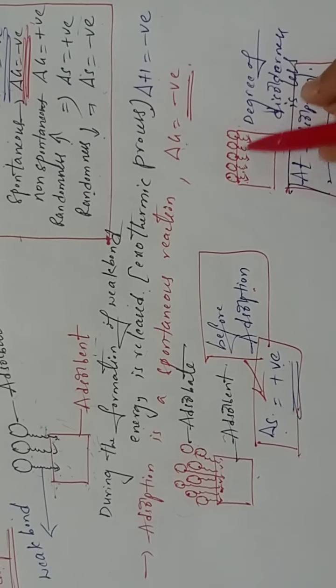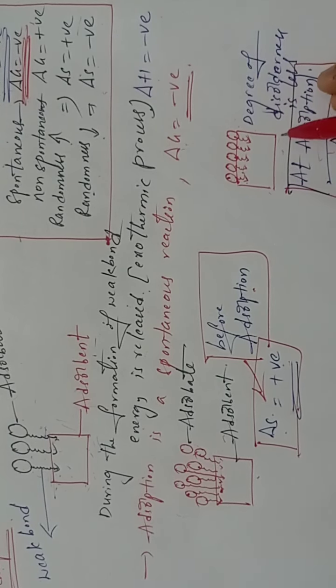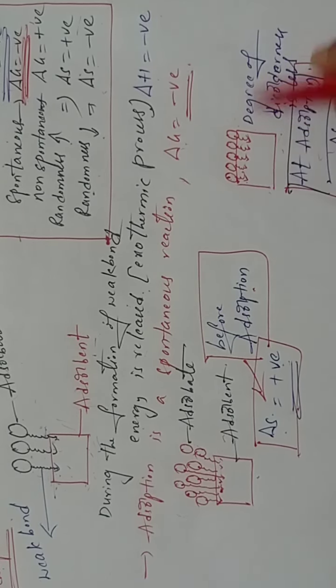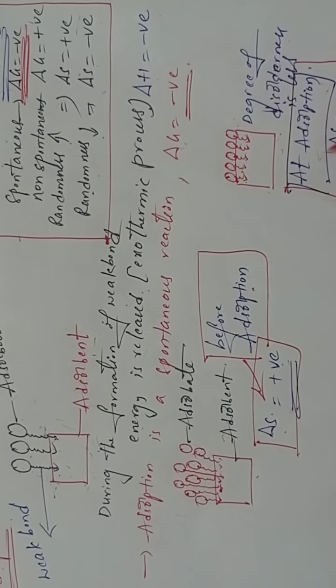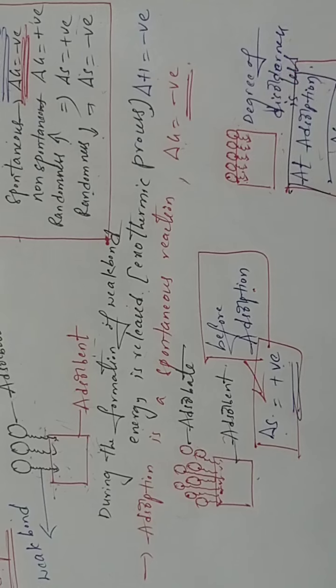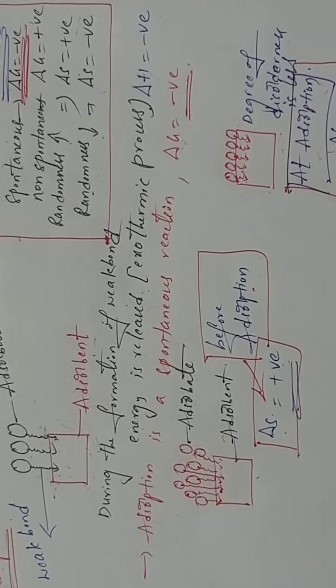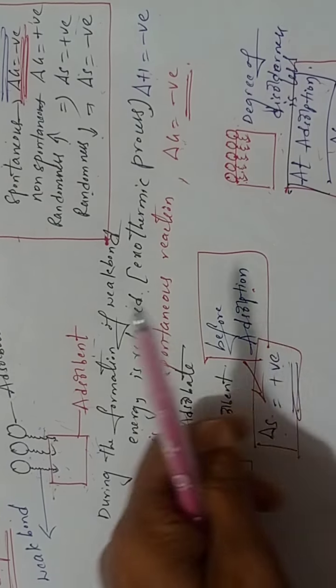At adsorption, the adsorbate molecules all are settled on the surface of the solid. That means they are in order, the degree of disorderedness is less, so delta S value is negative.